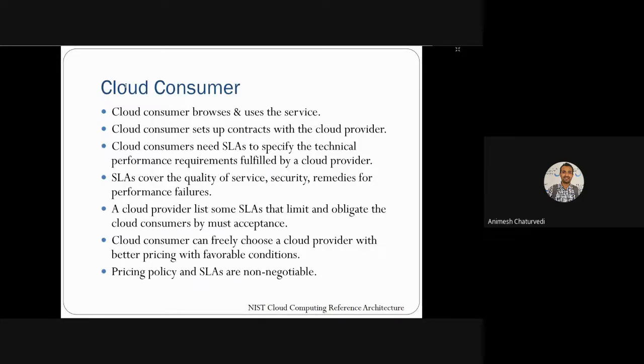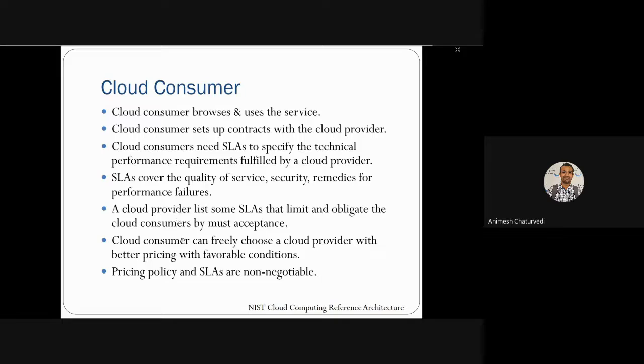Then various cloud providers have some list of SLA terms that are limited and obligated upon the cloud consumer, and the cloud consumer must accept all these SLA limitations of the cloud provider. So sometimes the limitations of cloud providers are mentioned in the SLA.